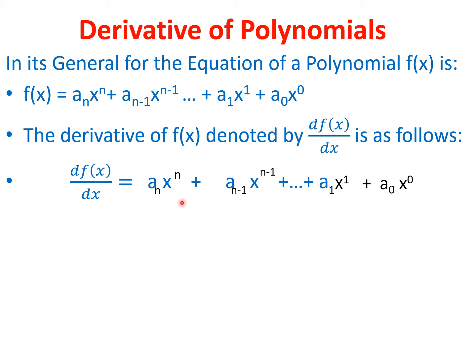Just watch the computer. The n is going to move and come down here, and it will be replaced by n minus 1. And over here also, the n minus 1 is going to move down over here, and it will be replaced by n minus 2.